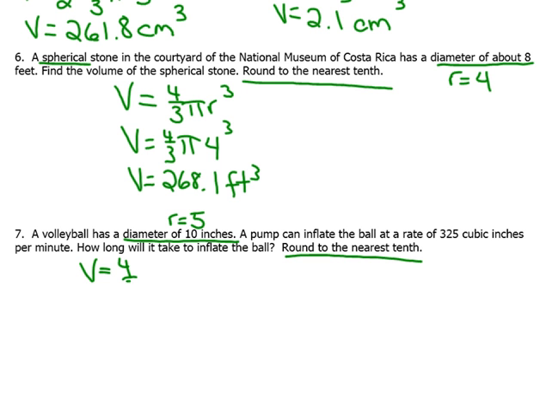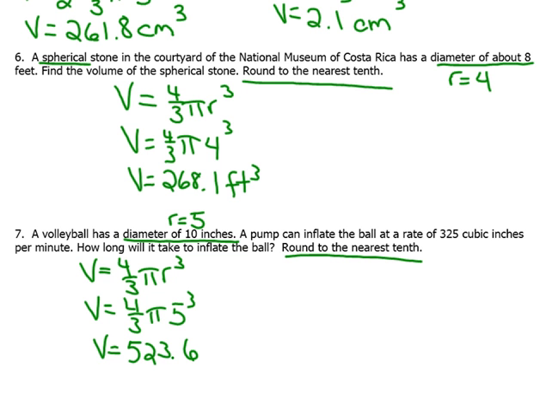A volleyball is a sphere, 4/3 pi r cubed, and my radius is 5. So my volume of the volleyball is 523.6 inches cubed.